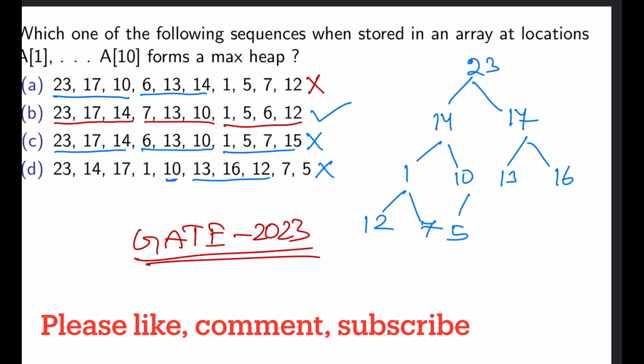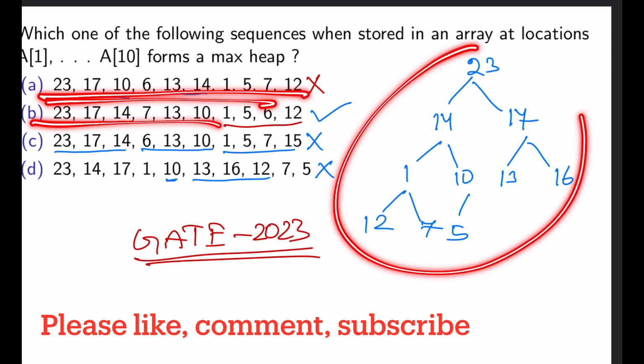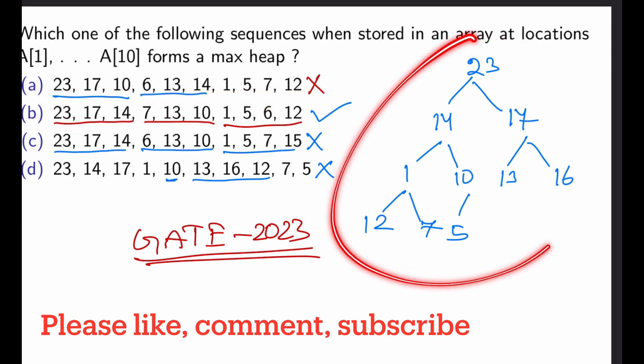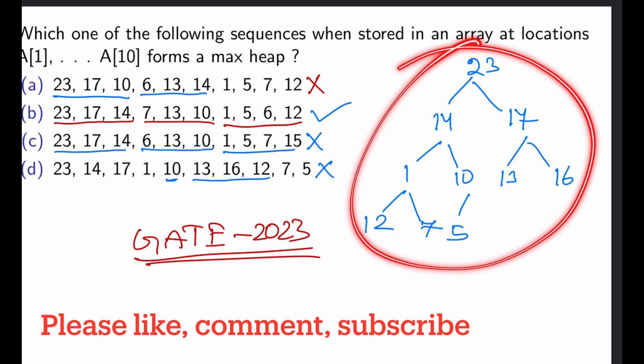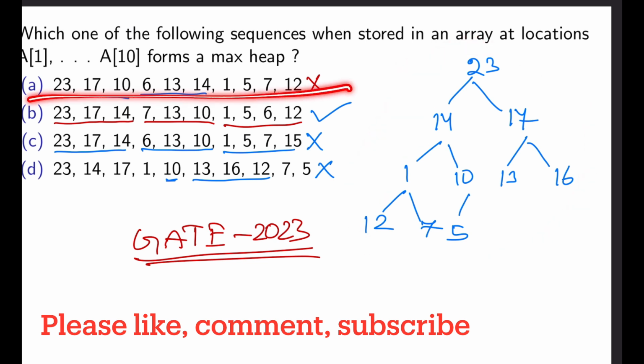If one representation is given, you can easily represent the other. Here the array representation is given and we are constructing the binary tree representation. If the binary tree representation is given, you can also construct the array representation. It is a very simple one, and several questions have been asked on this in previous exams. I hope all of you understood.